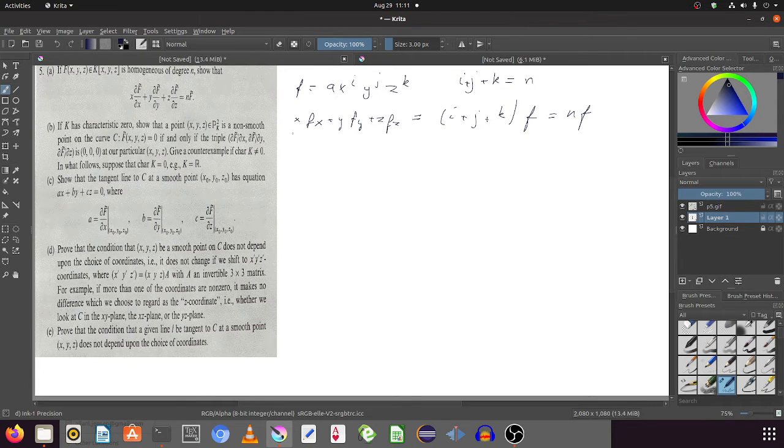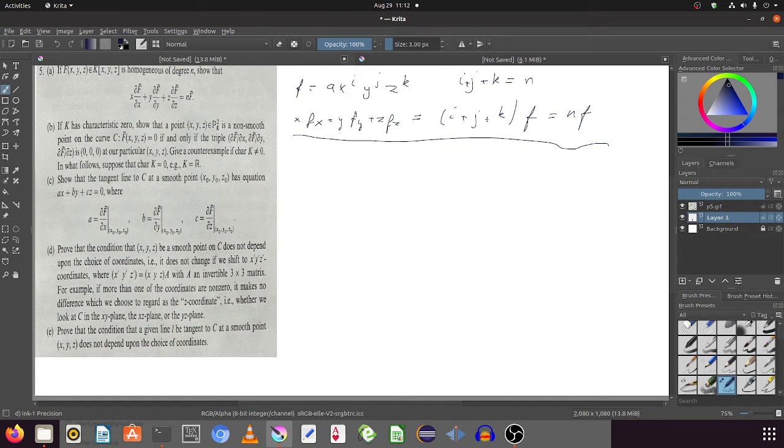So that's rather trivial. Now b: if k has characteristic 0, show that a point is a non-smooth point on the curve if and only if the gradient at the point vanishes.